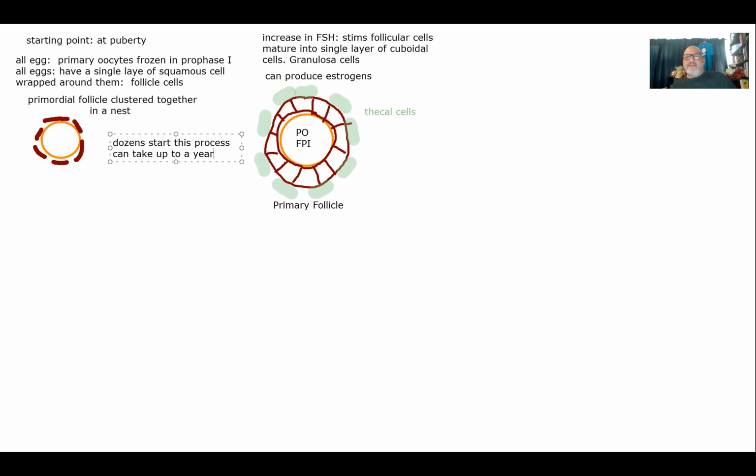So this is a slow process. But each month at the onset of the month, we have a dozen or so that get to this primary follicle state. These follicles, so now we have many of these, continue to mature.